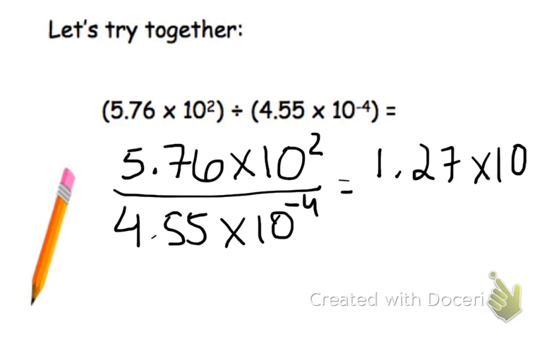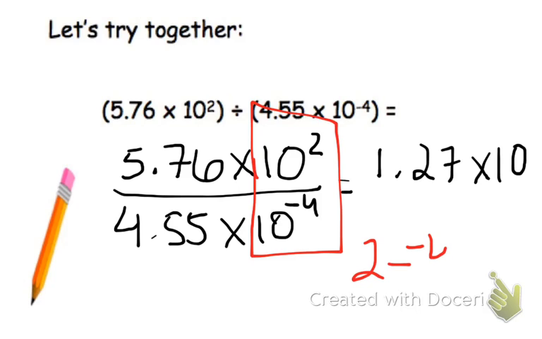So remember, for the quotient rule, we are subtracting the numerator by the denominator. So we have 2 minus a negative 4, and a negative times a negative gives us positive.